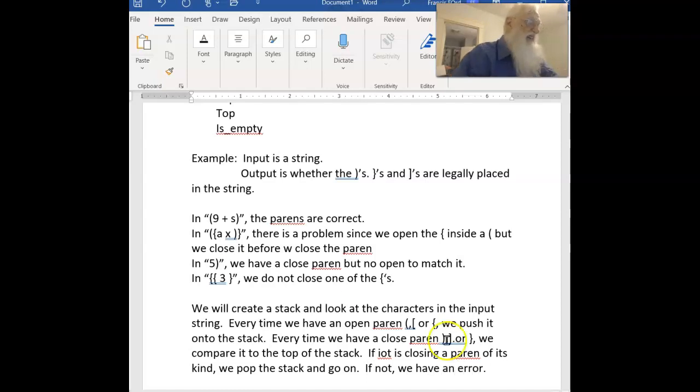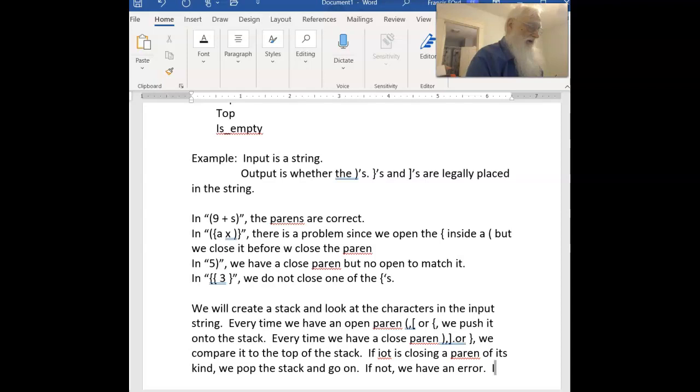We are either in this case at the beginning here, where we mixed up, we closed the wrong thing, or we're in a case like this where we have a closed parenthesis and nothing to match it. So one way or another, we have a problem.